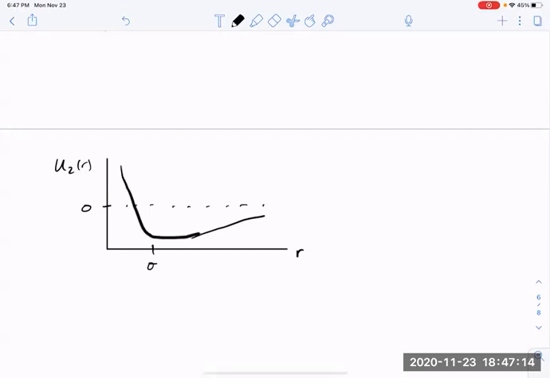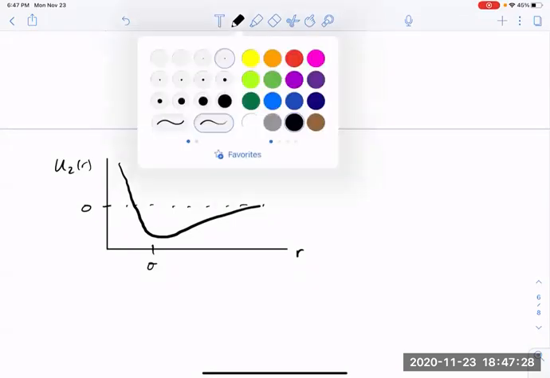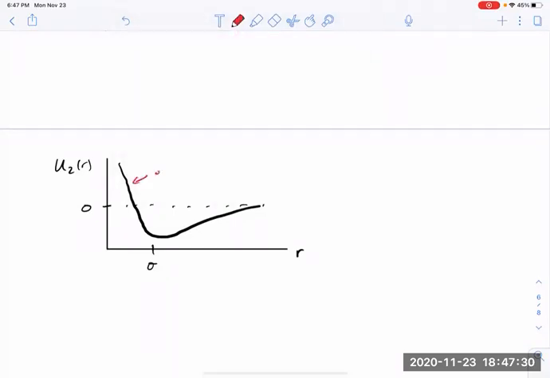So, ooh, that's terrible. Let's try that again. So maybe a reasonable model of a potential for something like argon atoms would look like this. You'd have some excluded volume here. And some dispersion that is attractive there.